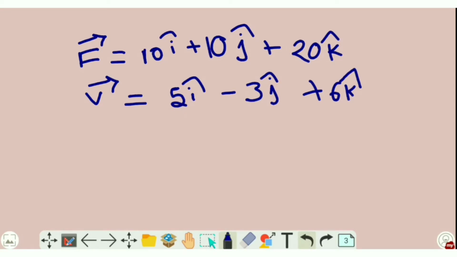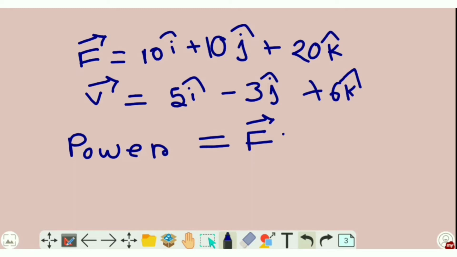Now we all know the formula: instantaneous power equals F dot v. So put the values.